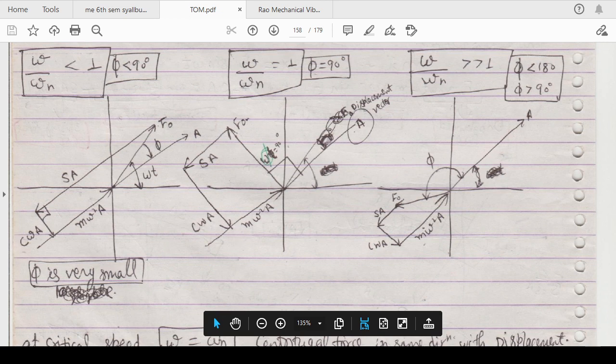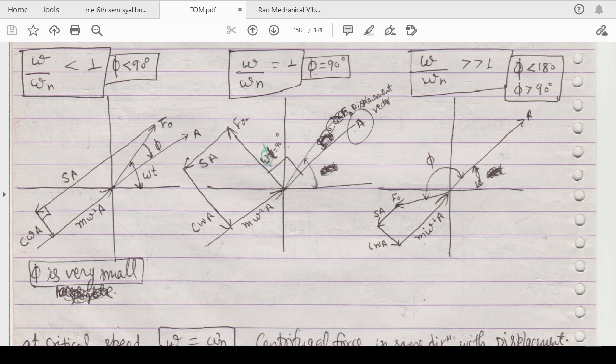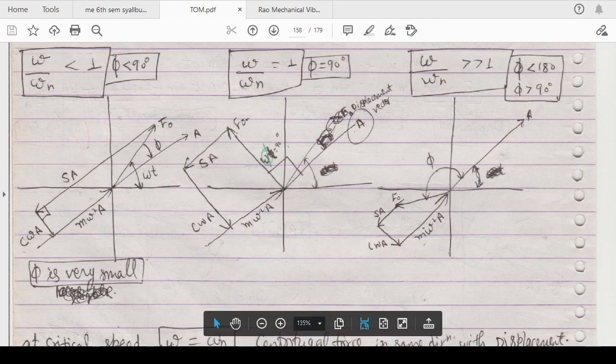If it equals 1, your centrifugal force will be in the same direction as your displacement, as you can see in this picture. If it is greater than 1, it will look like this, meaning phi is less than 180 and greater than 90. In this way you can draw the free body diagrams of these different forces, which we studied in the last session, and see how to derive these curves.